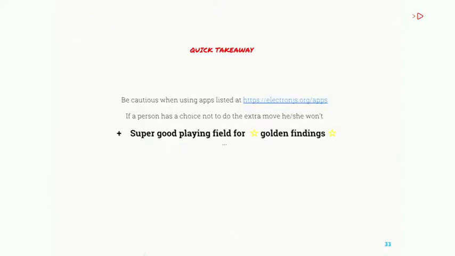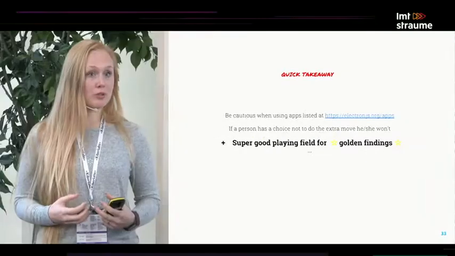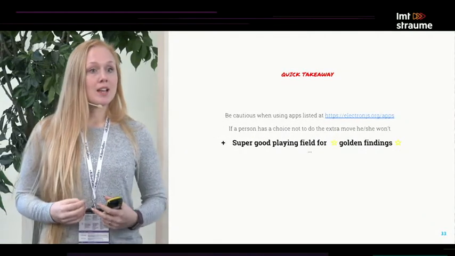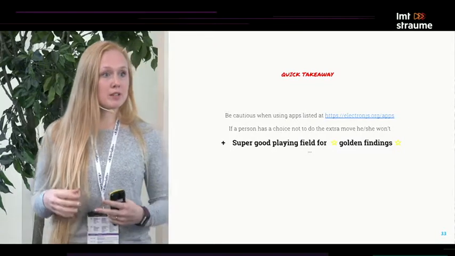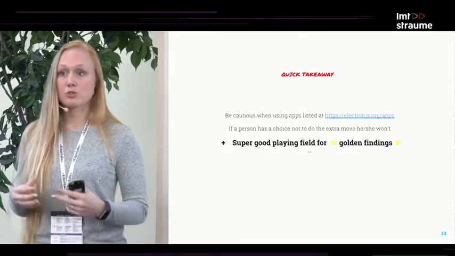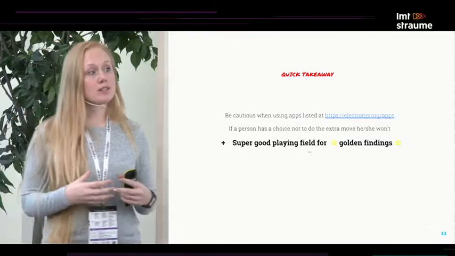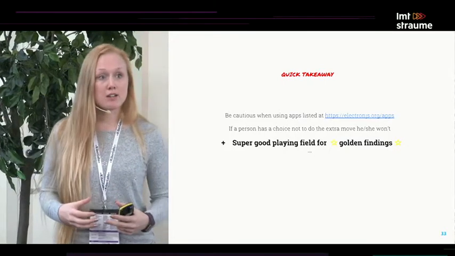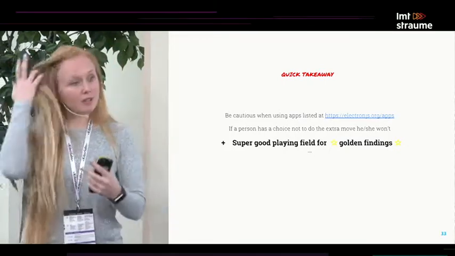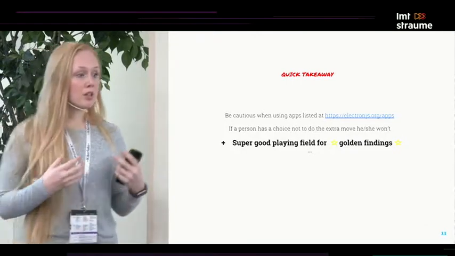But as a quick takeaway, I would advise you to be cautious when using Electron applications, as in most cases, the desktop experience involves node integration set to true, but if they do not deal with user input in a correct manner, then it can quickly be turned into something really awful.